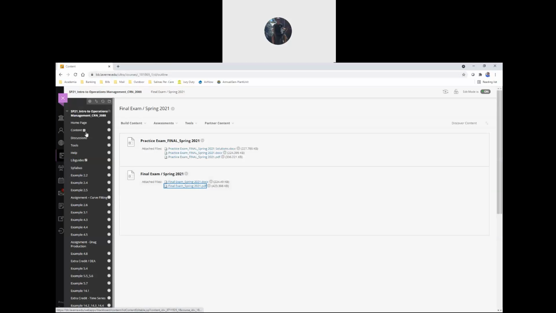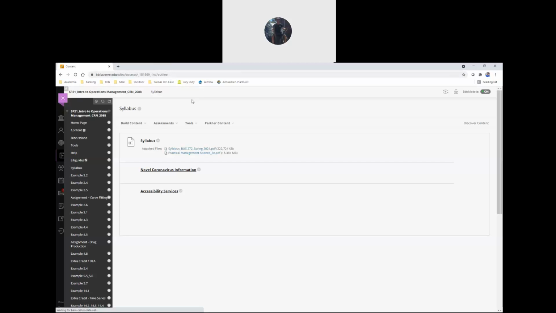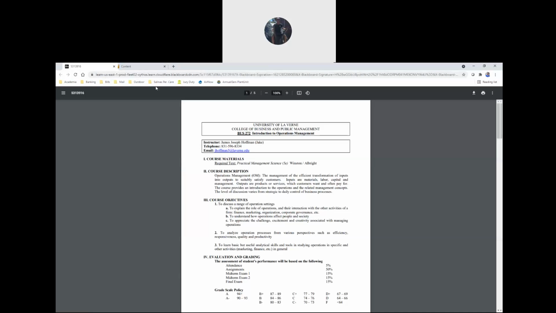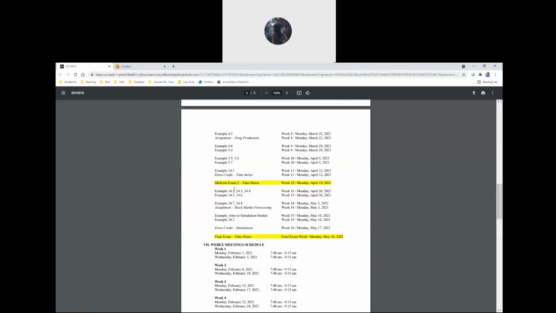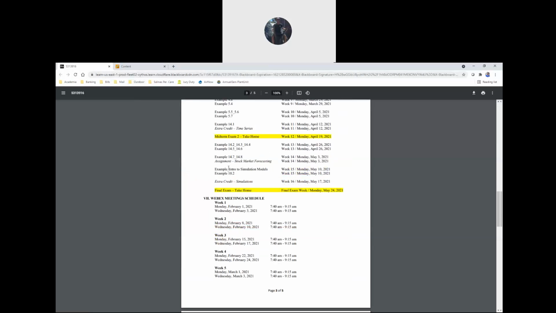Let me wrap up a few things here. The last assignments: make sure Example 10.2 and the extra credit simulations are both due today. Post those in Blackboard if you haven't done that already.